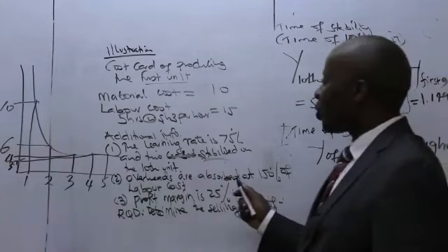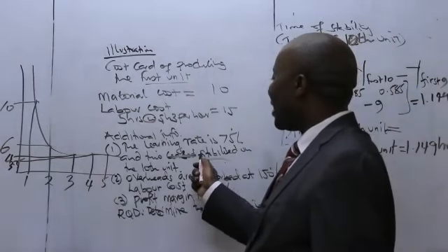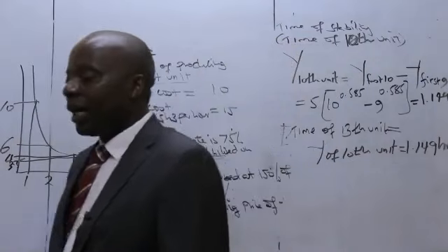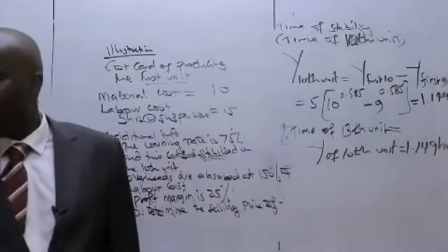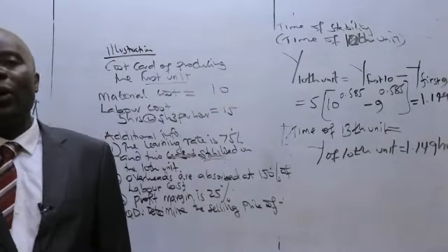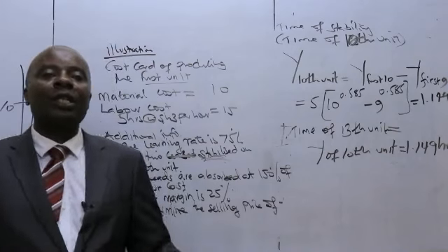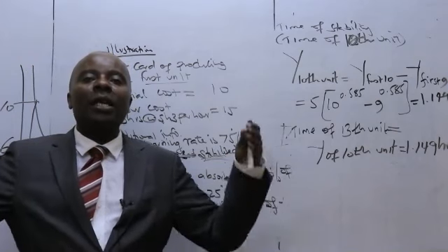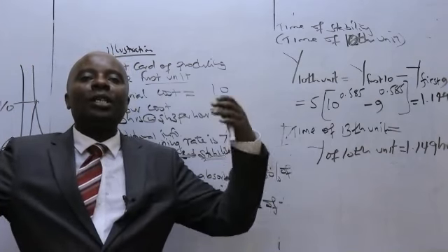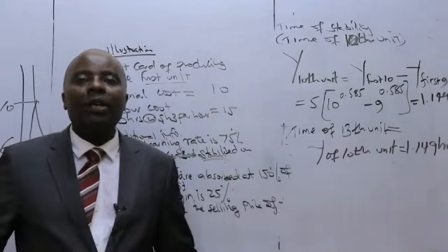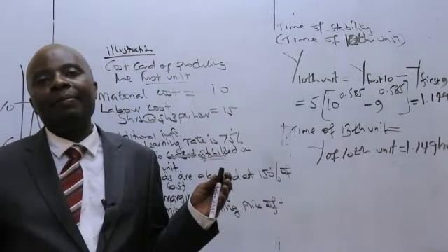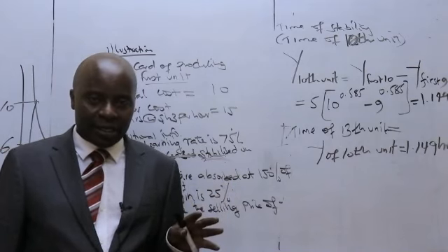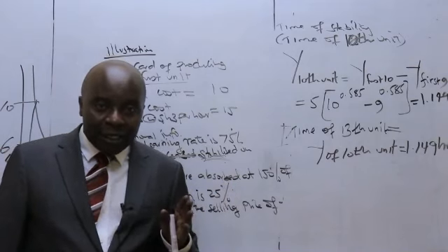Because from the question, we were told that learning will stabilize on the 10th unit, and after stabilization, we do not expect any unit produced subsequent to the stability point to take a lower time. I don't know whether I've made myself clear.